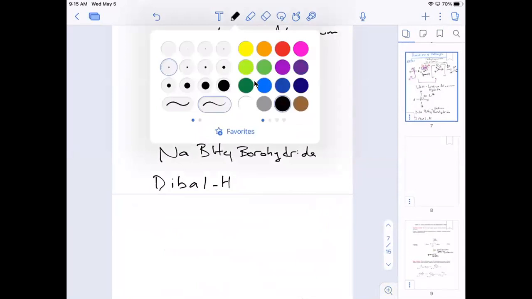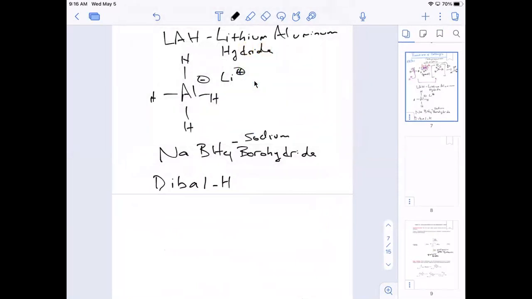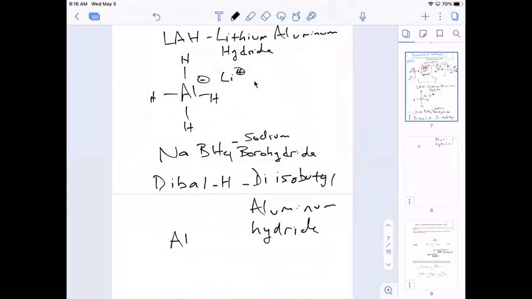DIBAL is diisobutyl aluminum hydride. I'm sorry, I said ammonium, my bad. So it's aluminum, it's got two hydrogens and two isobutyl groups on it, like that, and it's negative. So DIBAL is another really good reducing agent.